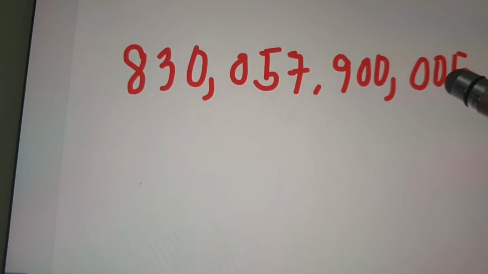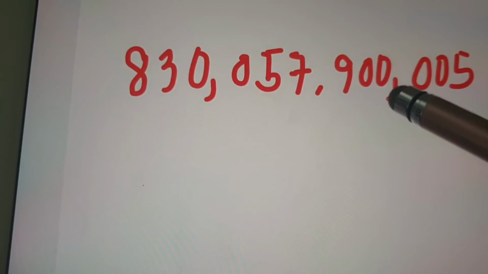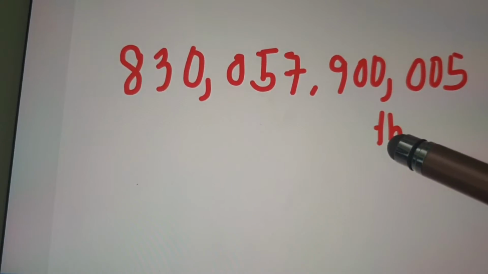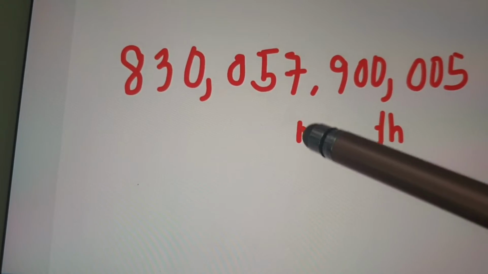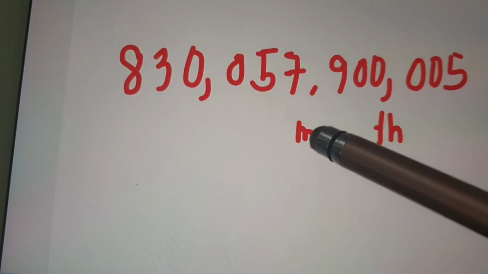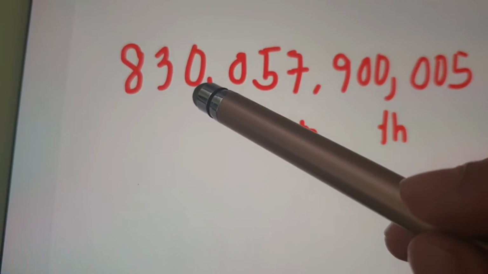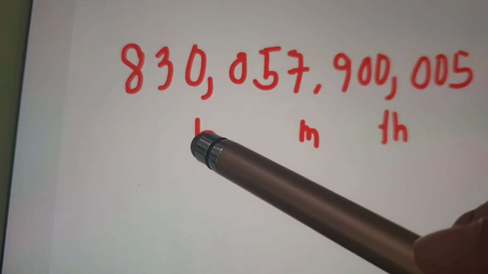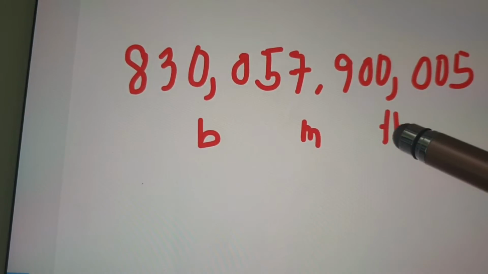Before that, let's name the commas first. 1, 2, 3, comma, let's name as thousand. TH stands for thousand. 1, 2, 3, comma, let's name as million. M stands for million. 1, 2, 3, comma, this comma, let's name it as billion. B stands for billion. Billion, million, thousand.